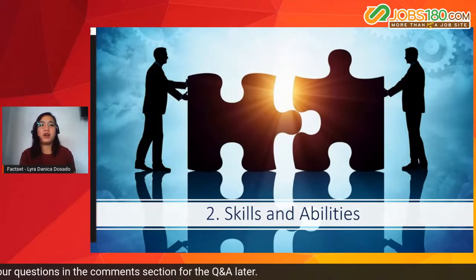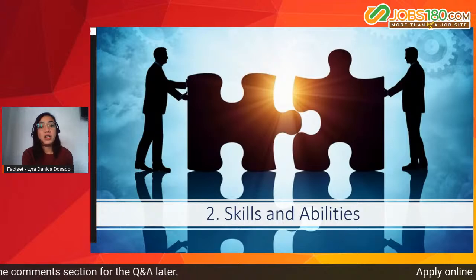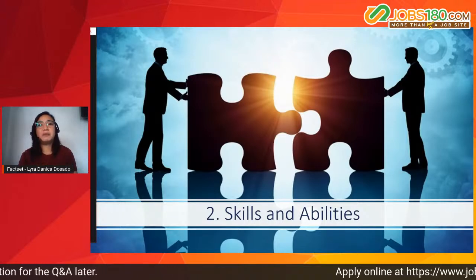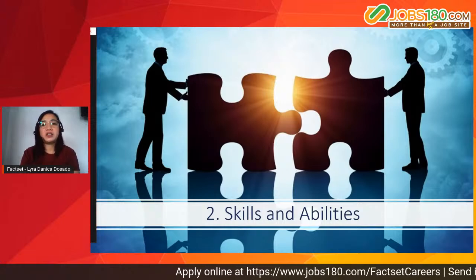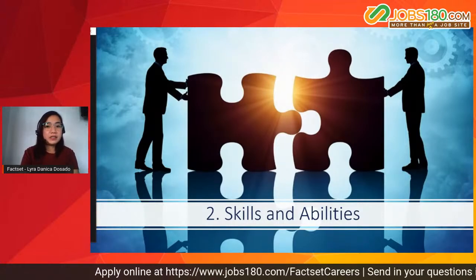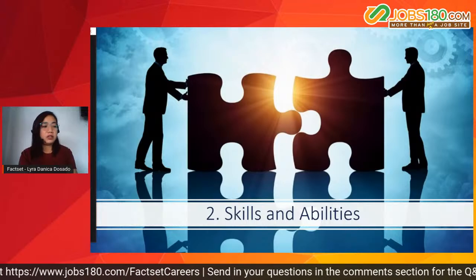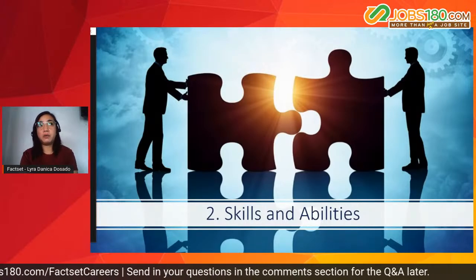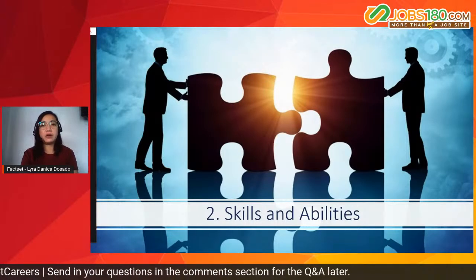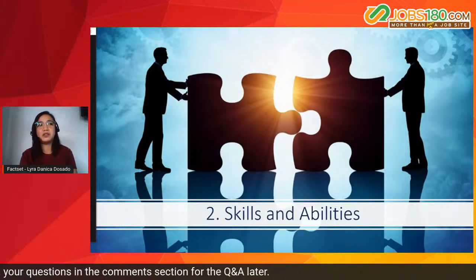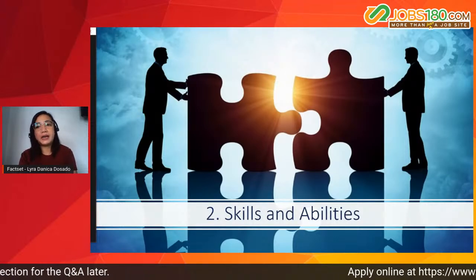For accounting, your accounting knowledge, and even something as simple as your typing skills. For soft skills, you can include your problem solving skills, your creativity, and your communication skills, not just how well you can communicate or how fluently you can speak, but also how you interact with different kinds of people.